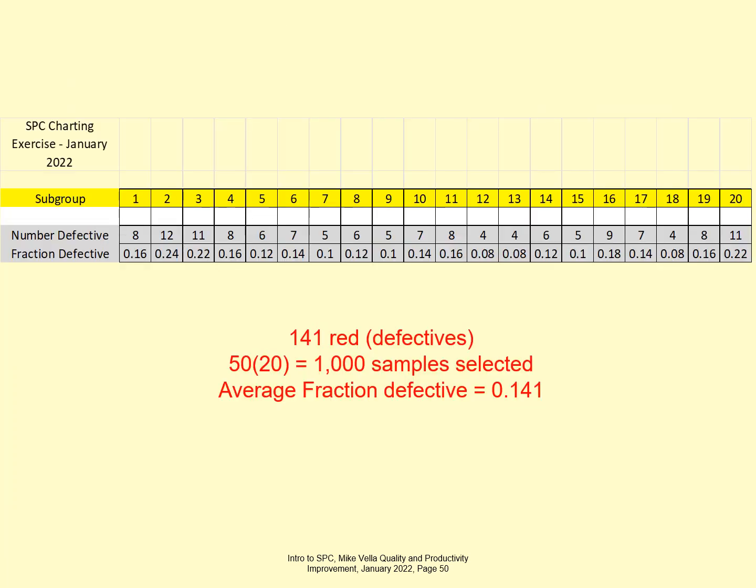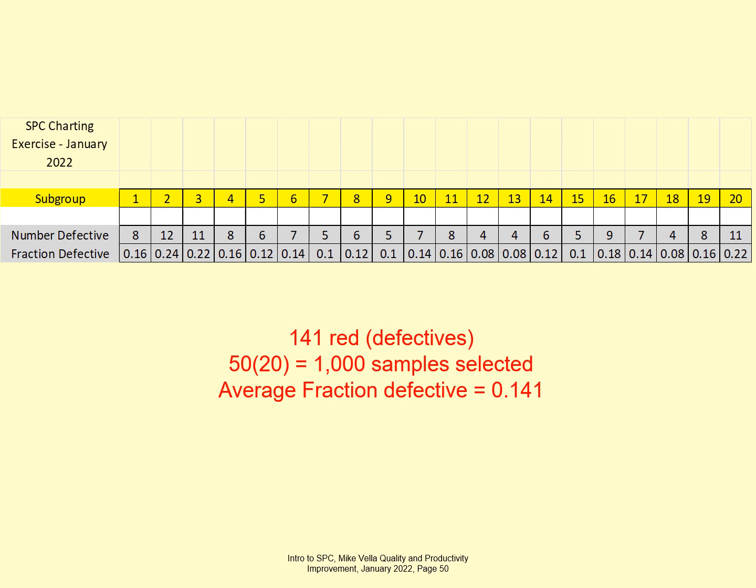So here is the data that came out of our sampling of the bead box. In the yellow, 20 subgroups, and just below that in the gray, the data for each subgroup as recorded. We had 8 defective in the first subgroup, 0.16 was a fraction defective, 12 in the second, 0.24.